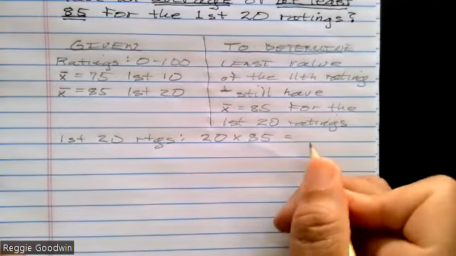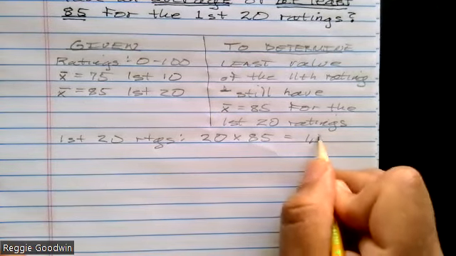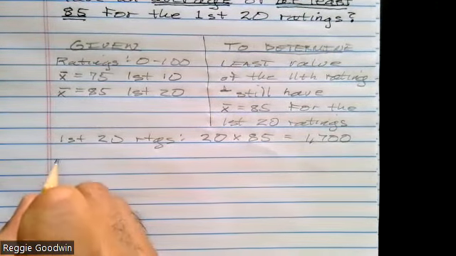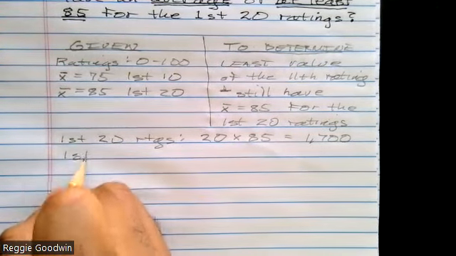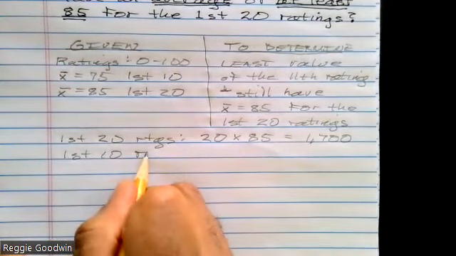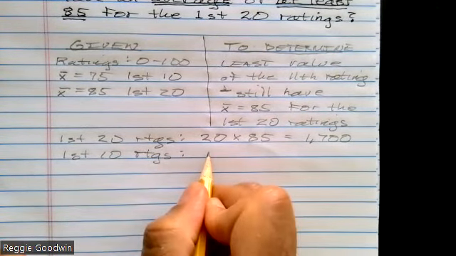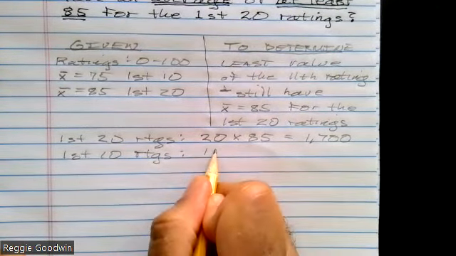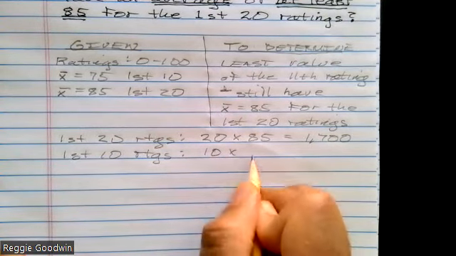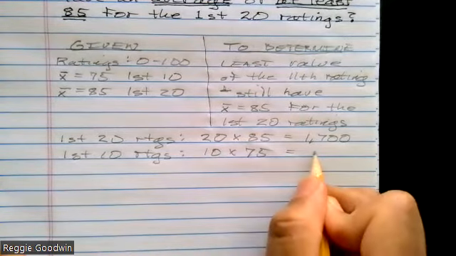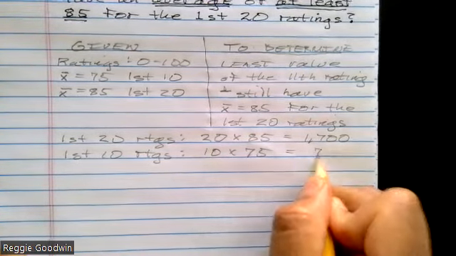And that's going to be equal to 1,700. And then you've got your first 10 ratings. That's going to be 10 times an arithmetic mean of 75. And that's going to give you 750.